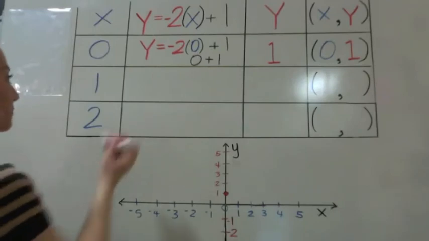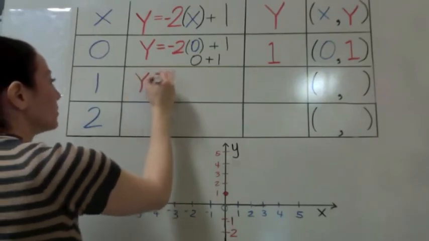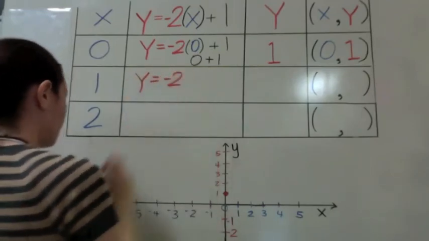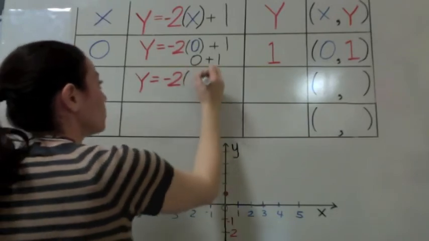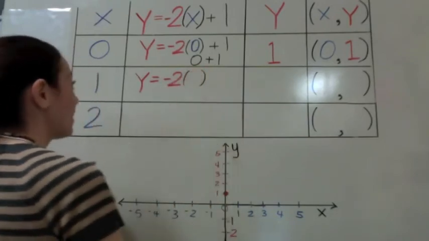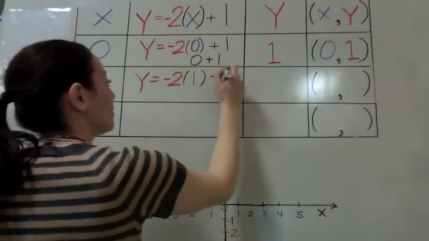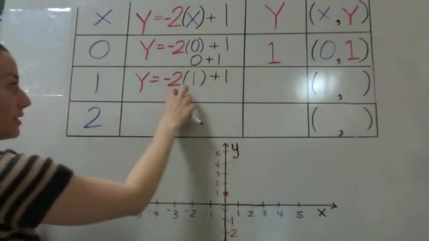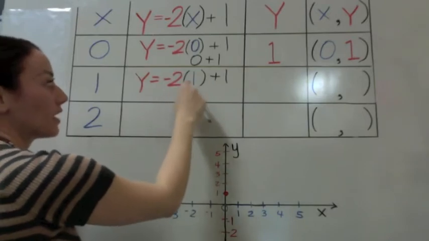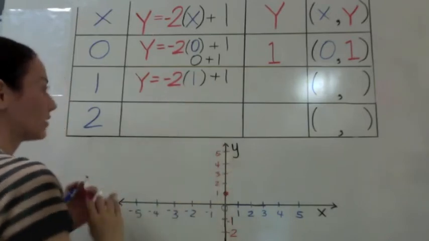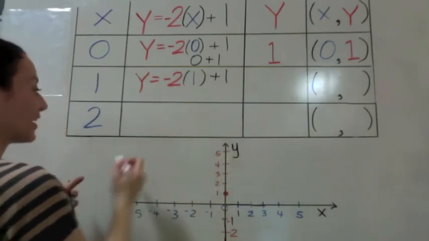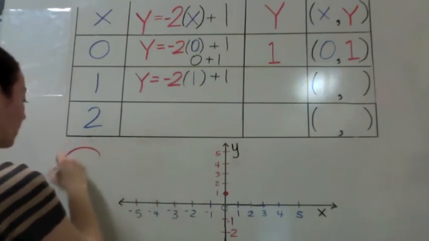Okay, let's do the next one. Y equals, we're going to multiply -2 times 1. Then we're going to add 1 to it. So we have to remember Bob here, right? What is negative times positive? It's negative, right? You remember Bob? I'll draw Bob right here.